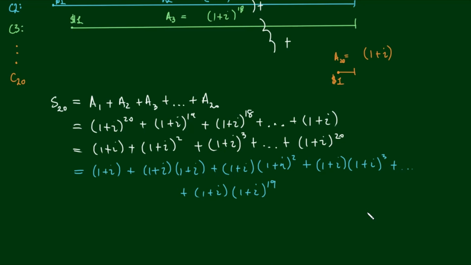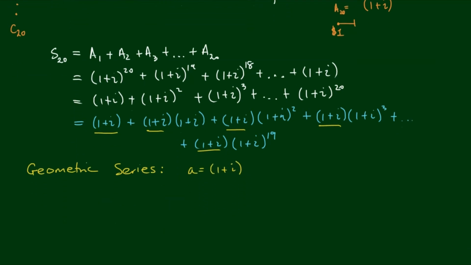And the reason why I did this is because, can you see here that we have a geometric series with A equals 1 plus I, R, the common ratio, is equal to also 1 plus I, which is this guy here.